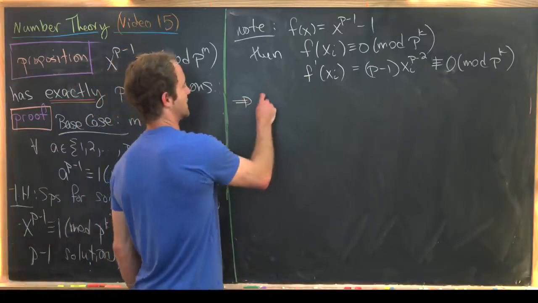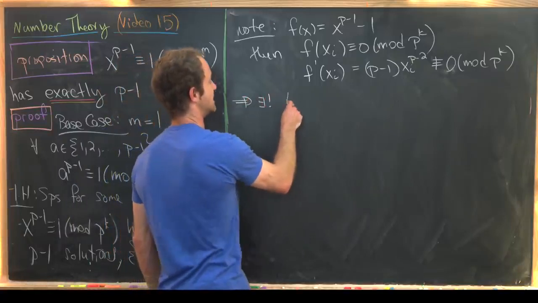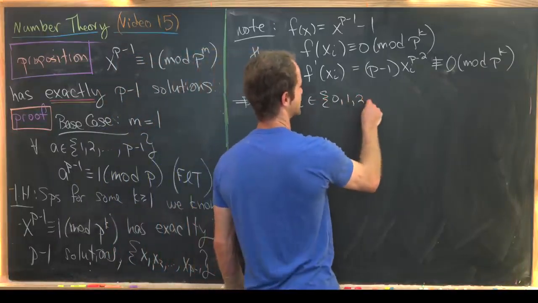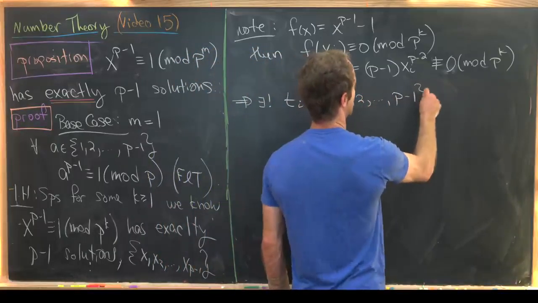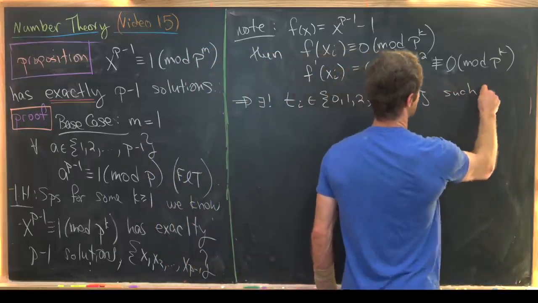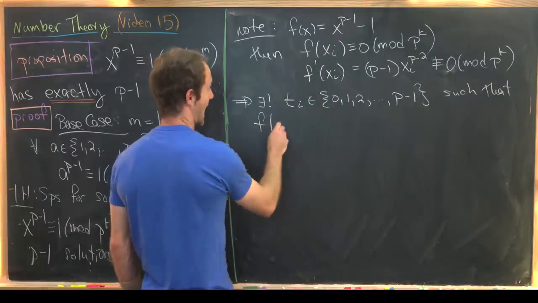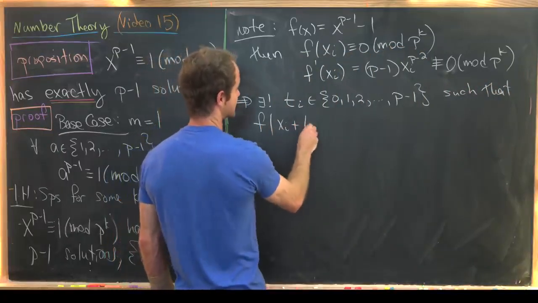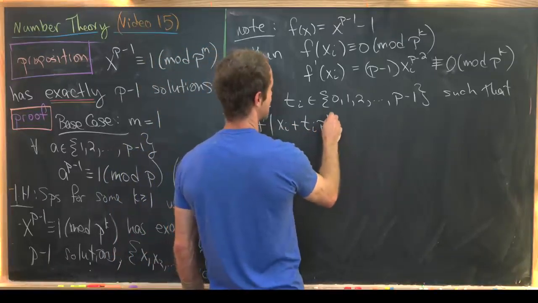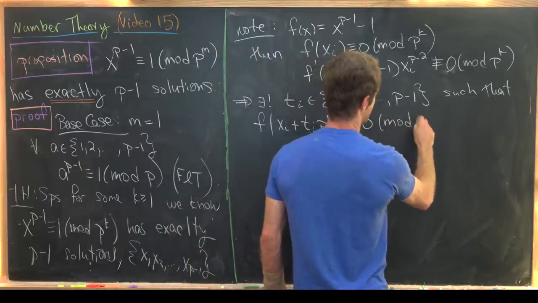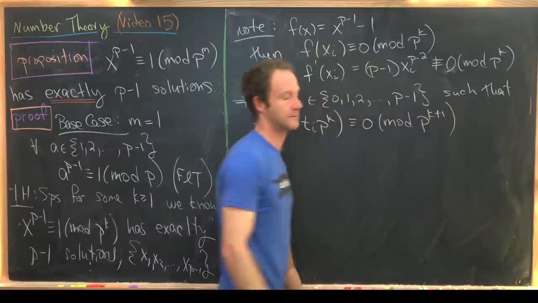So Hensel's lemma will imply that there exists a unique, I'll call it ti, it's going to come from the set 0, 1, 2, up to p minus 1, such that we know f evaluated at xi plus ti times p to the k is congruent to 0 mod p to the k plus 1.